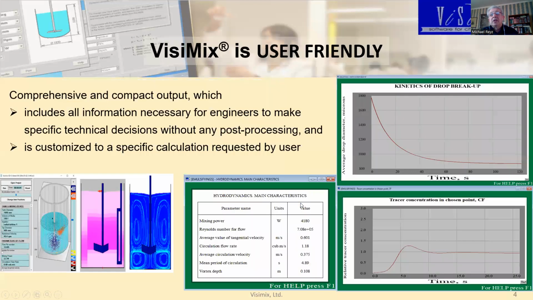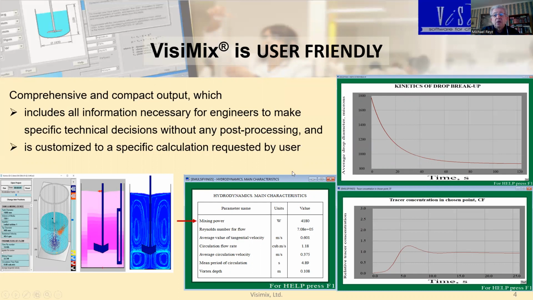Let's move to the next slide and look at output. First of all, the output is comprehensive and compact. It means that it includes all information necessary for engineers to make specific technical decisions without any post-processing, and it is customized to a specific calculation requested by the user. On the left, we have nice pictures which show some specific features of flow in the tank.